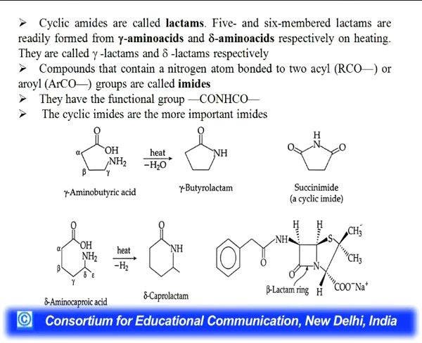Gamma aminobutyric acid on heating will give you gamma butyrolactam, a cyclic amide, and succinimide, a cyclic imide. We have already stated what imides are: two RCO groups attached to nitrogen. Delta amino caproic acid will give you delta caprolactam, and you can also see the structure of benzyl penicillin or penicillin G.